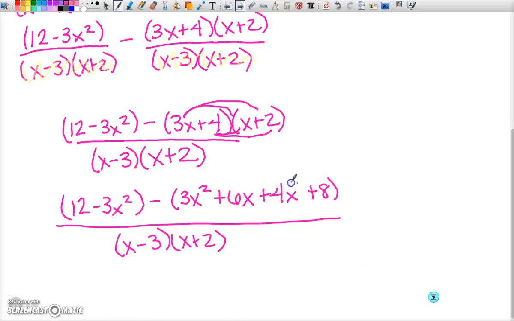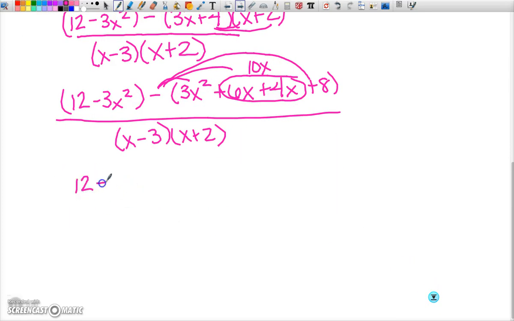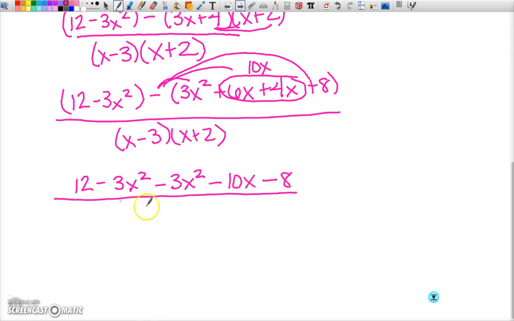Now at this point right here, these two are just 10x, and then we need to distribute the negative to all three terms that come after the negative. So 12 minus 3x squared stays put, but now this becomes a negative 3x squared minus 10x, and then minus 8, all over x minus 3 times x plus 2.